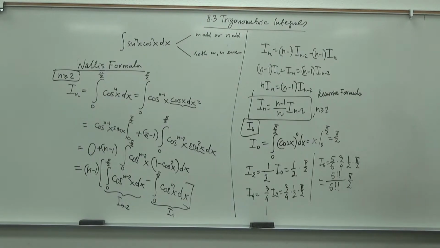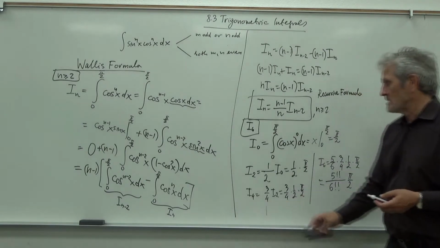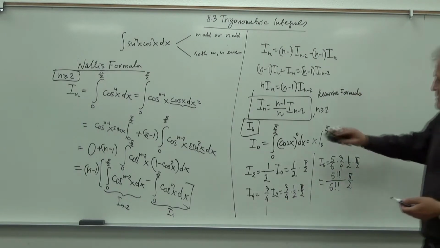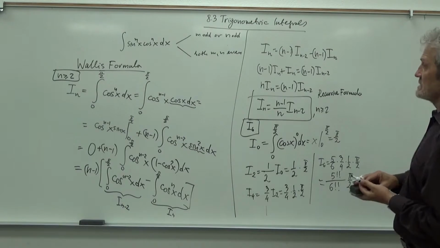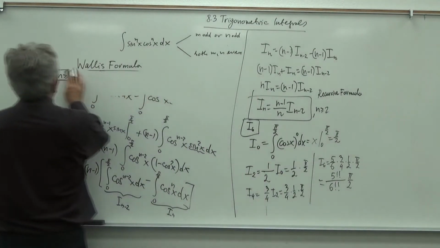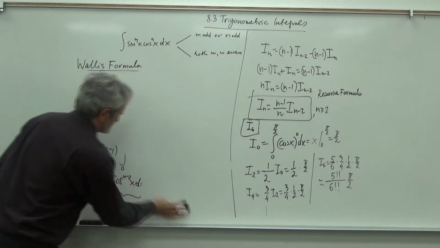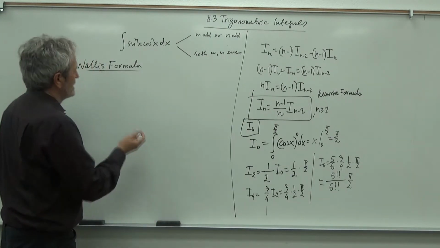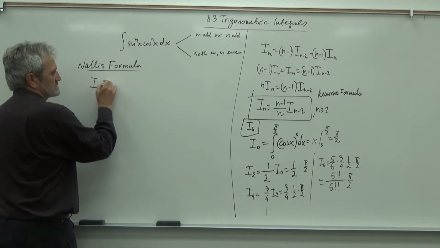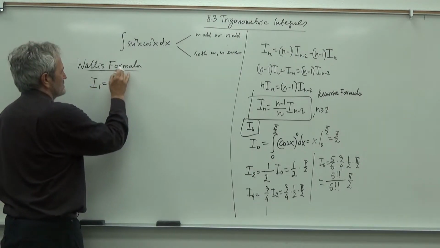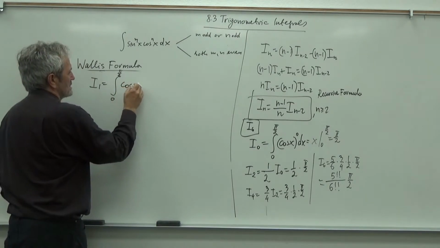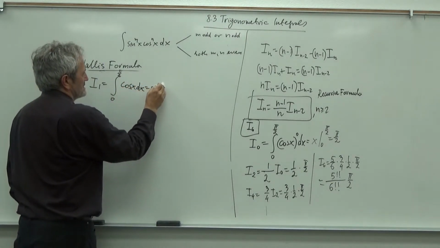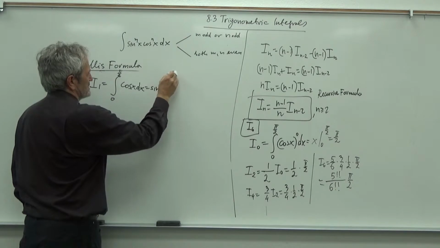That's the example of how to use it if n is even. What happens if n is odd? Works almost the same way. Let me just erase I. Can I squeeze it in here? Let me squeeze it in here, so that you can contrast them. Because odd ones, when you go by 2, end up with I1. So I1 is the integral from 0 to pi over 2 of cosine x dx, which is sine x between 0 and pi over 2.